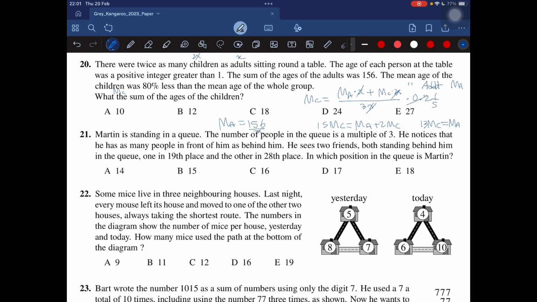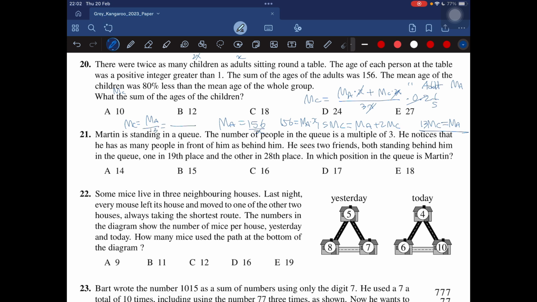So MC becomes, we don't know. So the sum of the ages, so now 156 becomes MA times x. No, I mean we can figure it out from here. So from here, 13 MC, like MC becomes MA over 13.